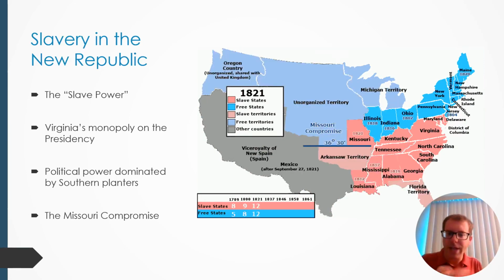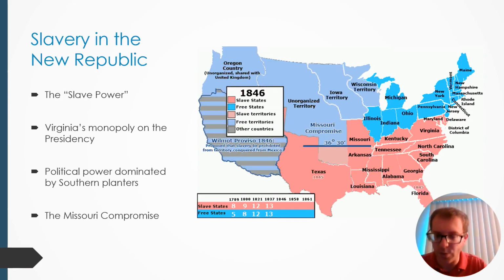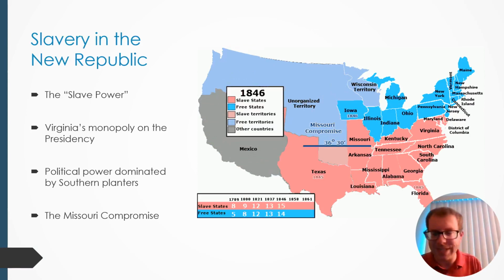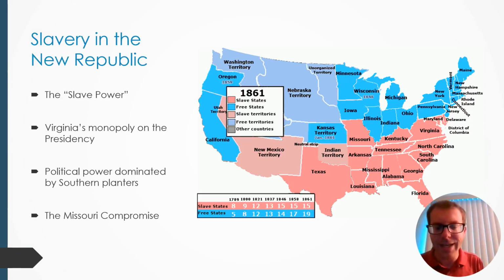However, as time goes on and slavery expands west slowly but surely, you have more pro-slavery politicians adopting more radical stances, not just saying things like slavery is a necessary evil, but saying things like slavery is a positive good, which is an argument that John C. Calhoun from South Carolina makes.